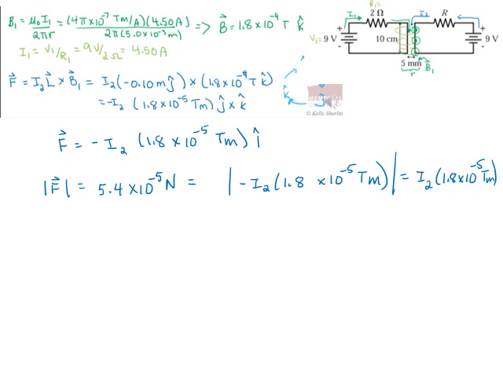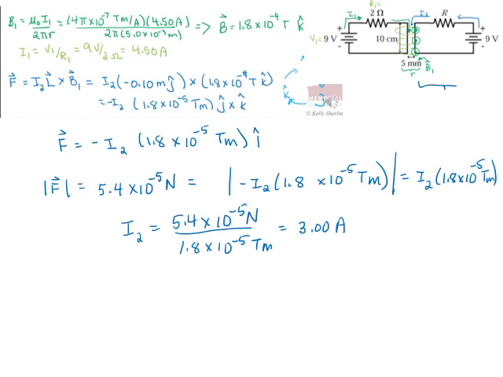Okay, so you can see in our expression now we can solve for I2. I2 is 5.4 times 10 to the minus 5 newtons divided by 1.8 times 10 to the minus 5 Teslas times meters. That gives us an answer of 3 amps.